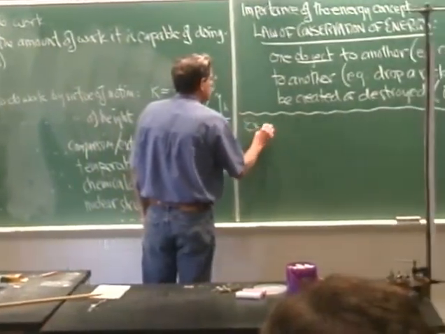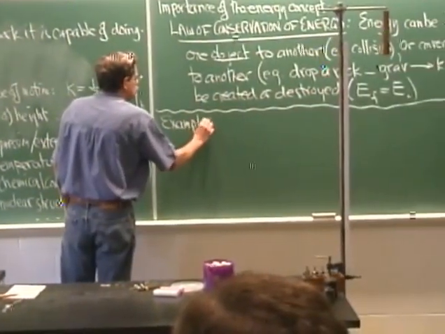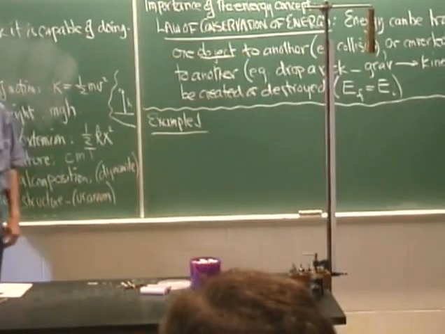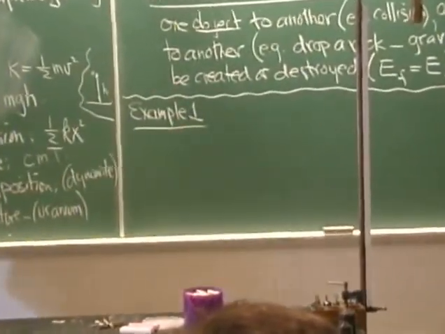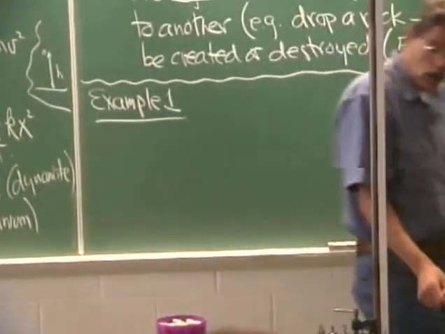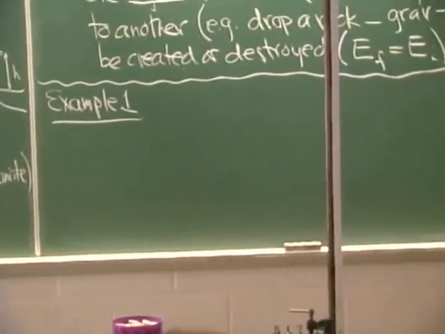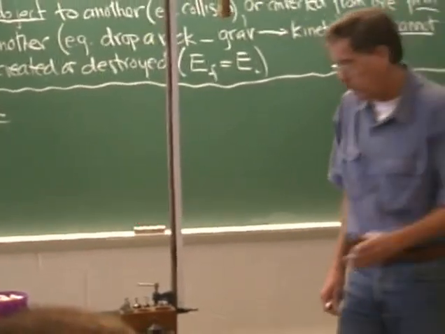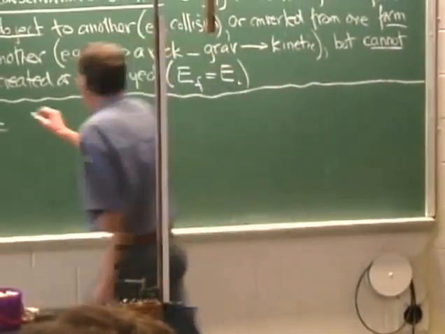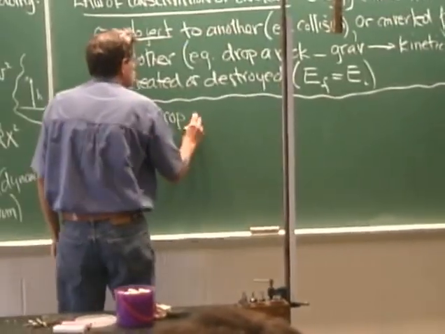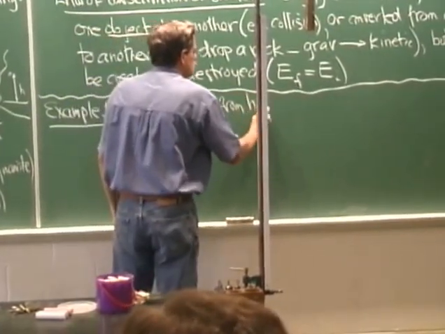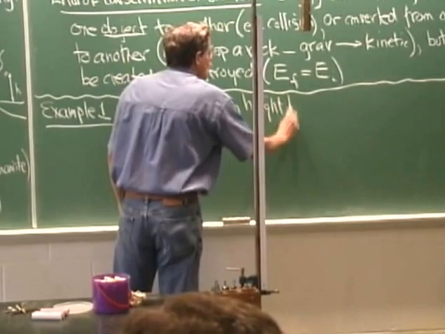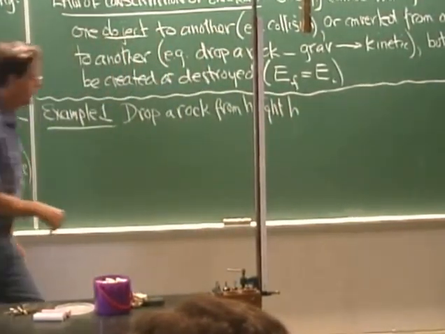So let's do some examples. I'll do it a third time by conservation of energy. So, I drop a rock from a height h. How fast is it going when it gets to the ground?